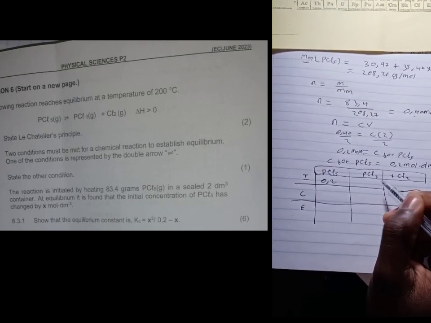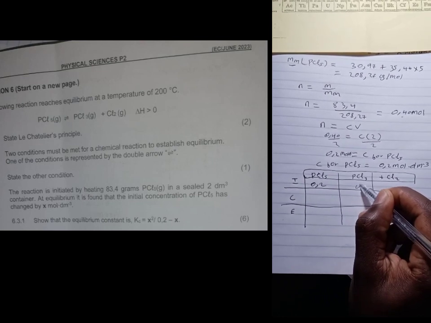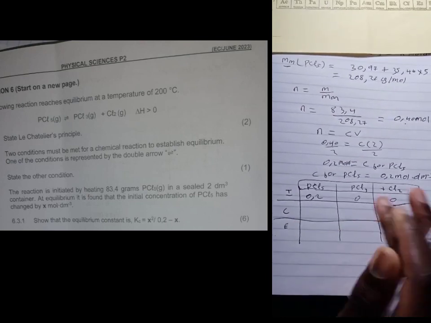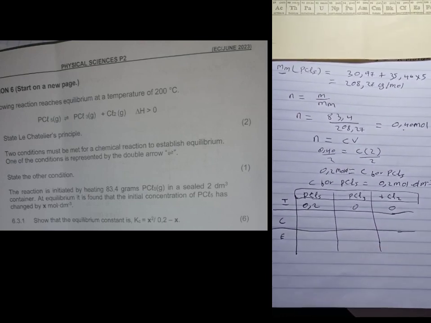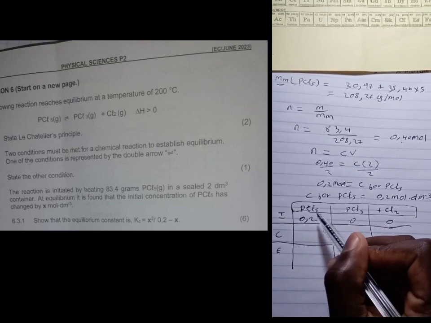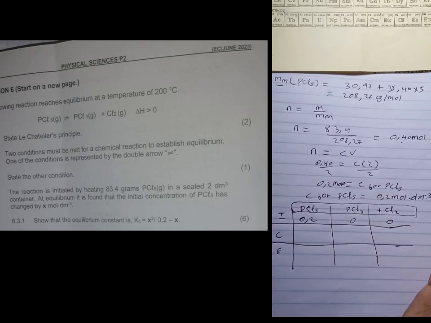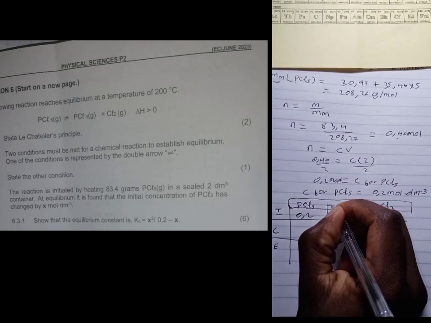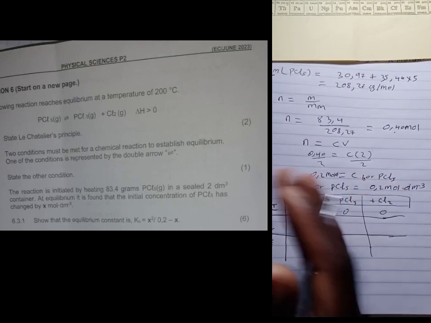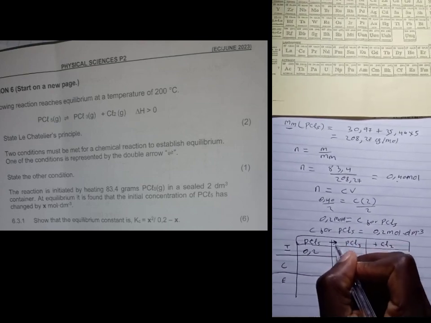The statement gave us nothing about the products, so let's put 0 here and 0 here initially. This is a reactant and this is a product, for you to be able to understand.